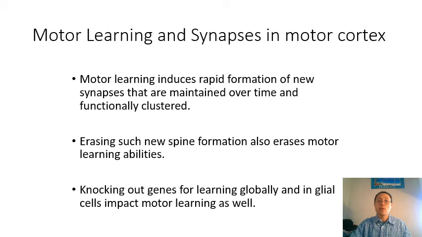The last part about motor learning we're going to talk about today is that knocking out specific genes can really alter learning. It doesn't matter if you knock them out globally or just in specific cells such as glial cells. All of these can impact the motor learning effect.